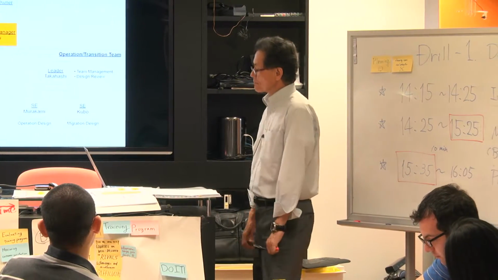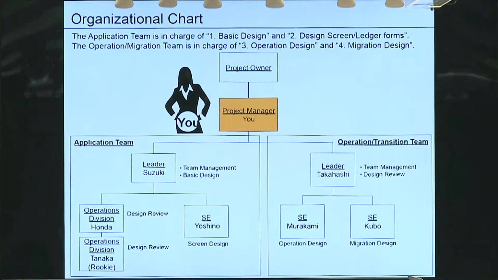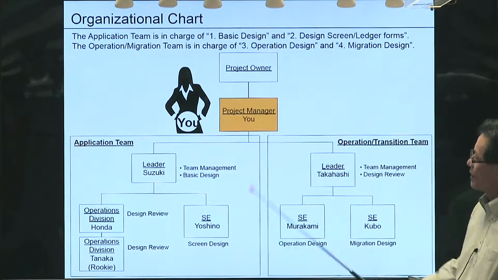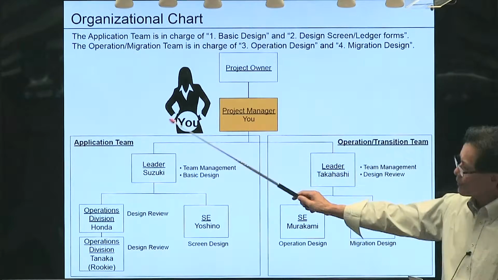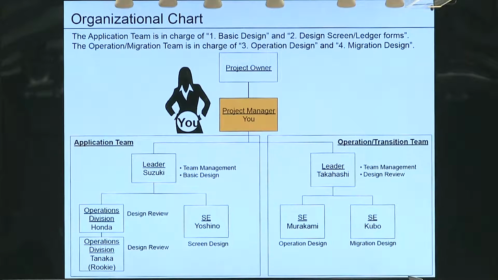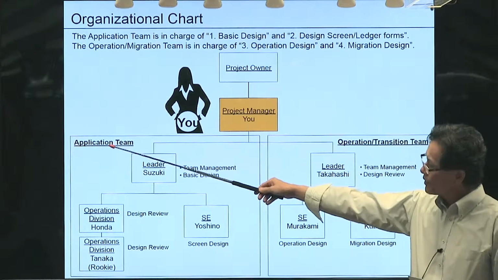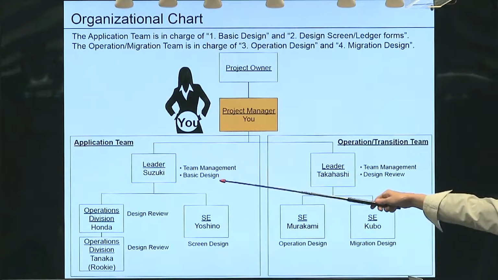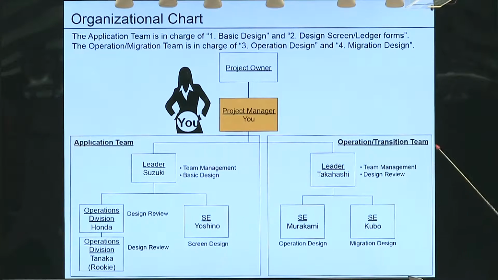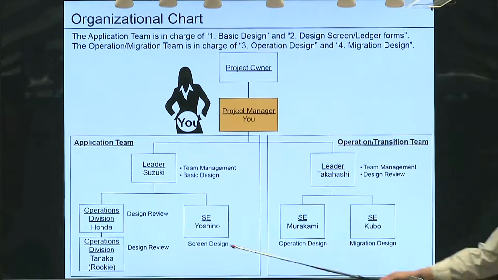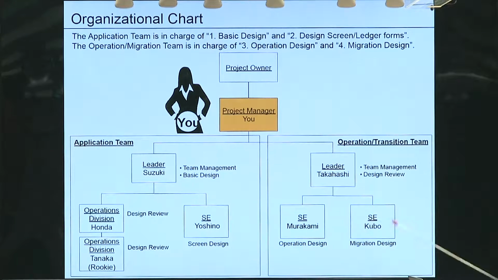The organization chart looks like this. You are here. And then you have 2 teams, application development team, leader Suzuki, operation and transition or migration team, leader Takahashi. And there are some other members under each leader.